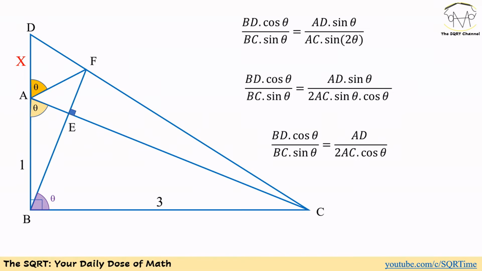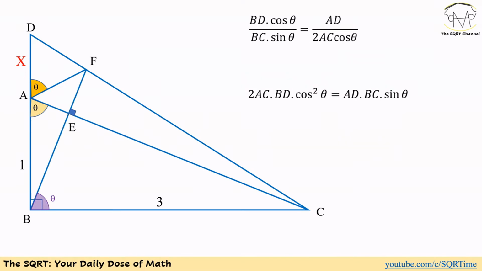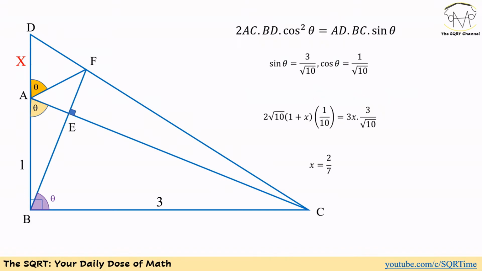Now here we are going to simplify it a little bit further. We do this by writing 2 times AC times BD times cosine squared of theta is equal to AD times BC times sine of theta. Now let's find out the values that we have for cosine of theta and sine of theta.